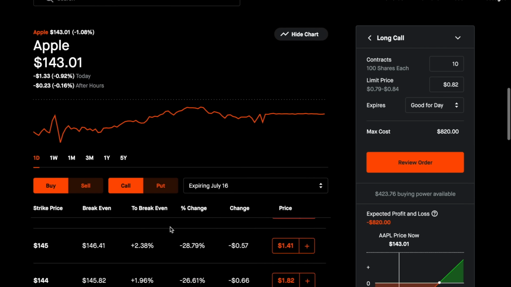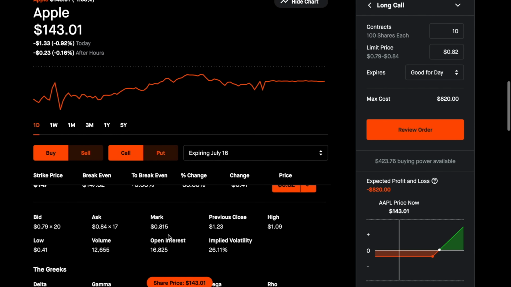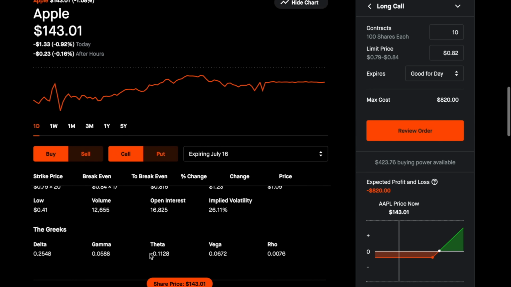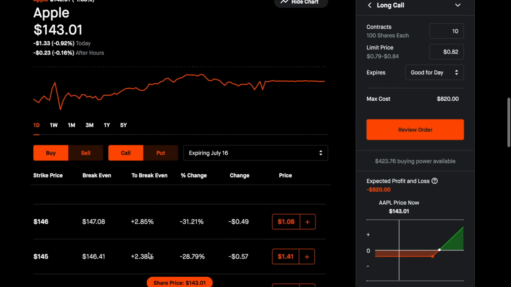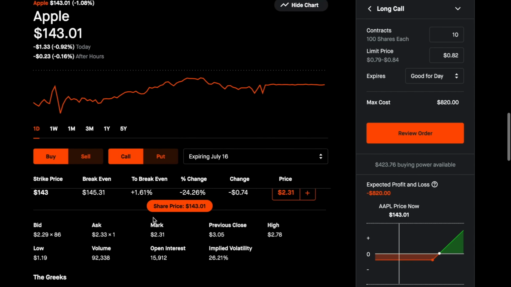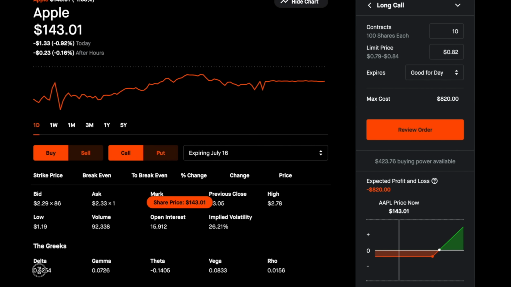The Greeks of this. Remember, the Greeks for the 147 were 25 delta and 11 theta. And the Greeks for this 143, as we're looking at it, you have $52 per dollar it moves up, so 2 times the amount of that 147. And the theta is $14.